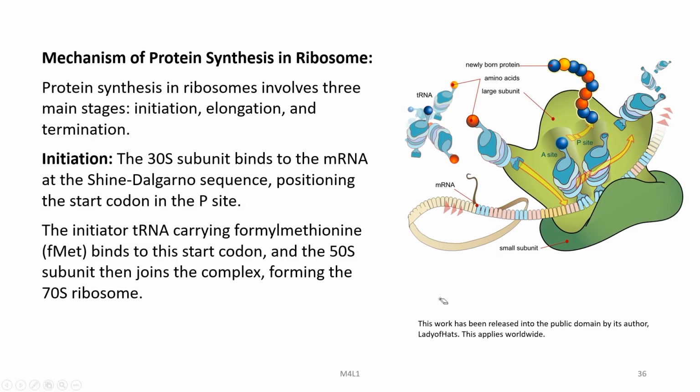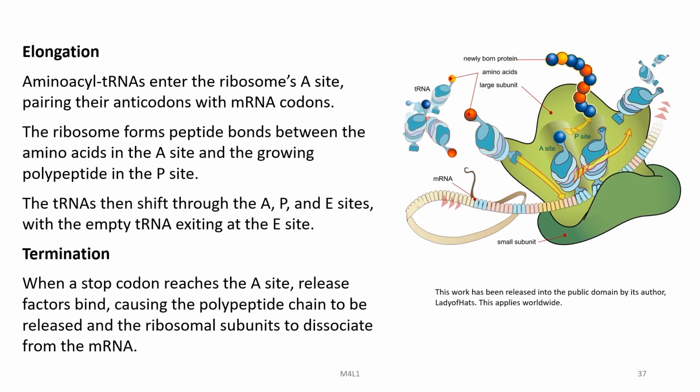The initiator tRNA carrying formyl methionine, fMet, binds to this start codon, and the 50S subunit then joins the complex, forming the 70S ribosome. Now, next is the elongation, where aminoacyl tRNA enters the ribosome's A site. You can see here the A site, pairing their anticodon with mRNA codons.